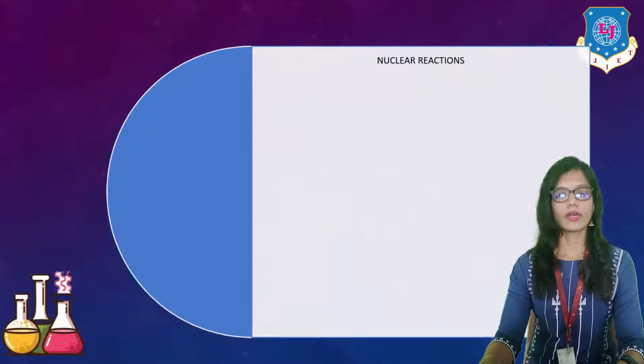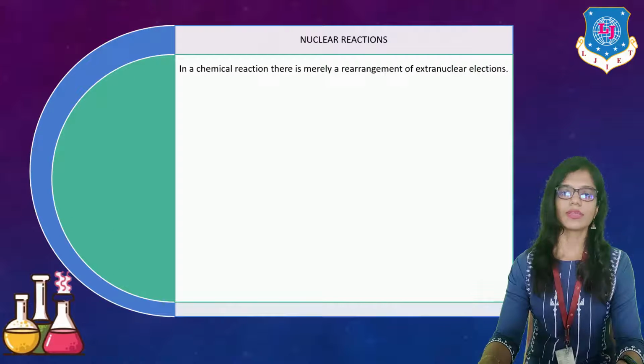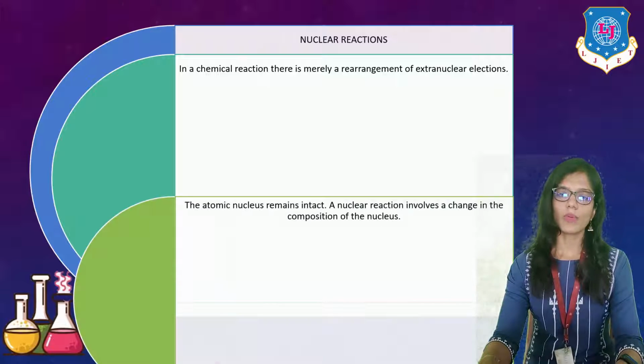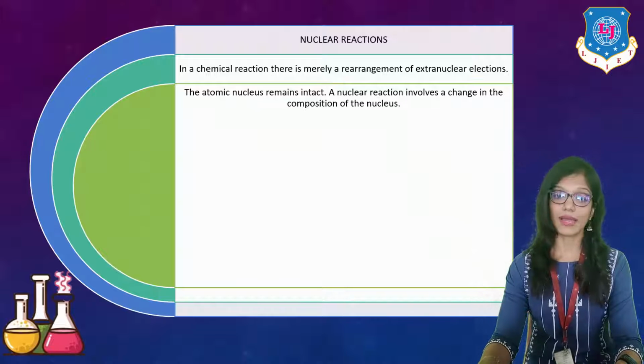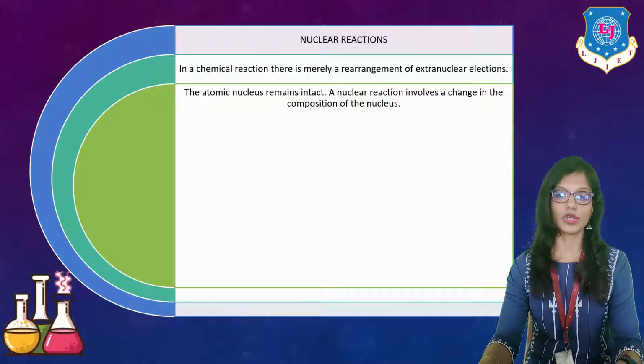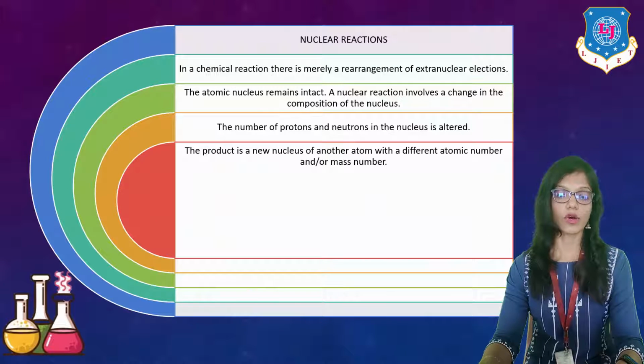Okay. Now we will take a look at nuclear reactions. So in a chemical reaction, there is merely a rearrangement of extranuclear electrons, right? So the atomic nucleus remains intact here, and the nuclear reaction involves the change in the composition of the nucleus. So the number of protons and neutrons in the nucleus is altered, and the product is a new nucleus of another atom with different atomic number and different mass number.